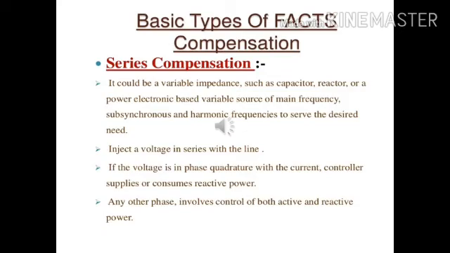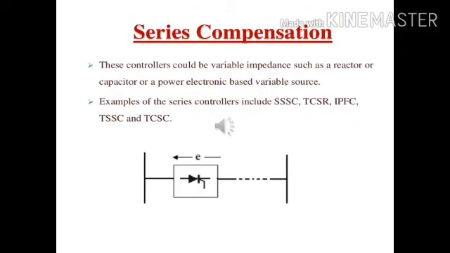If the voltage is in phase quadrature with the current, the controller supplies or consumes reactive power. Here we can see the diagram of series compensation, showing how the FACTS devices are connected in a transmission line. A few examples of series controllers include TPSC, TCSR, IPFC, TSSC, and TCSC.